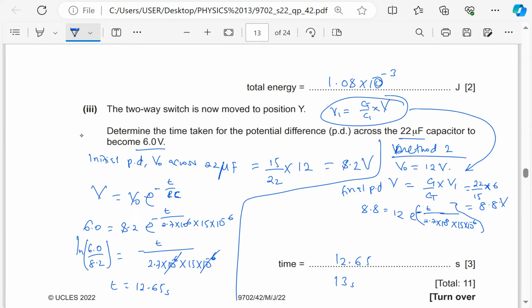I'm very certain this would give you the same answer. You can check the second method and see if it takes you to the same answer.